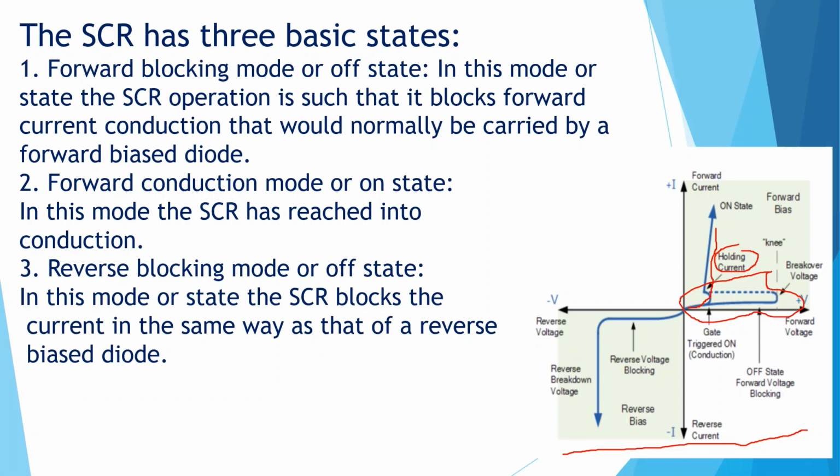The minimum value of gate current at which SCR is turned on is called as firing current. The maximum anode current that can be passed through SCR without causing any destruction is called as forward current rating. So this diagram shows you the forward bias and reverse bias characteristics of SCR.